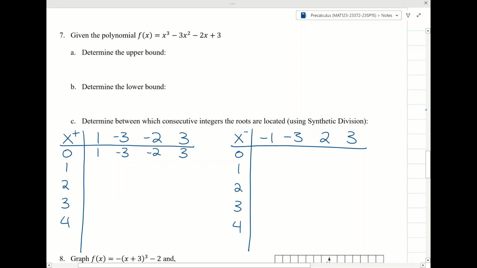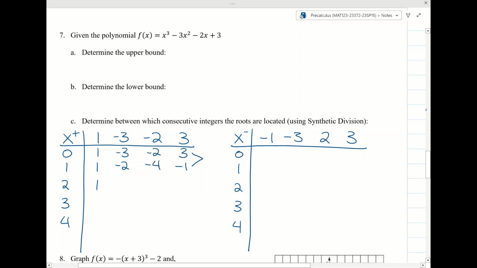So it looks like the signs keep changing, so we're going to have to keep going. Bring down the 1. 1 times 1 is 1 plus the -3. -2 times 1 is -2 plus the -2. -4 times 1 is -4 plus the 3 is -1, which looks like we have a root right here, but we haven't hit our floor yet.